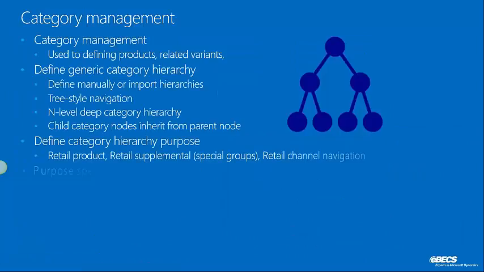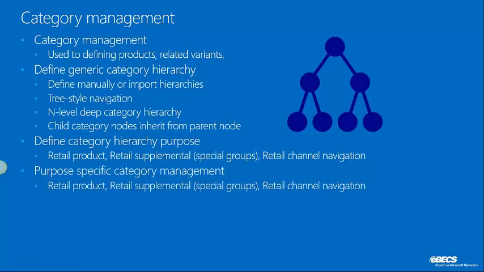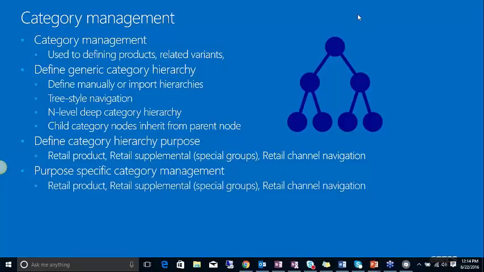So let's talk a little bit more about what category management in retail means and how we can use it to define products. First of all, when you're using category management, you can define your categories manually, which can be done through AX, which I'll show you in the demonstration in the future. Or you can import your hierarchies into AX if it's a very complicated hierarchy.